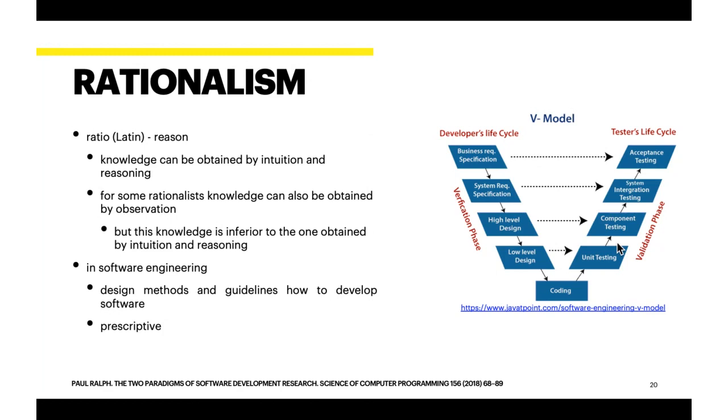This is how software development should take place. So the word should indicates this is a prescriptive model based on reasoning. It is not necessarily based on any kind of observation. It is based on reasoning how things should be done.